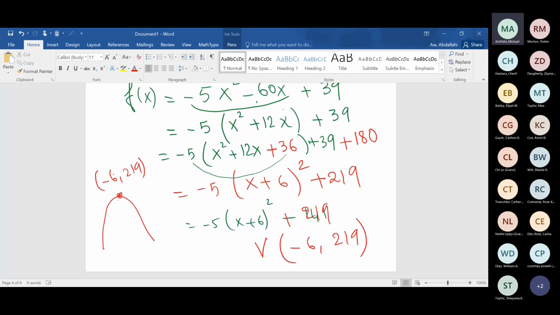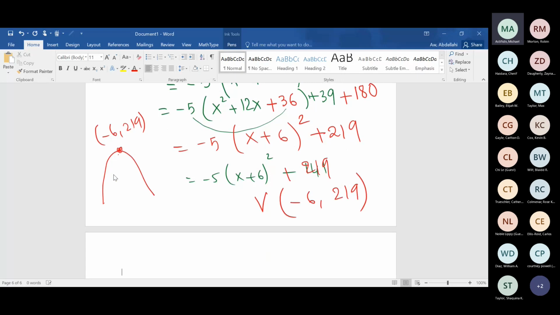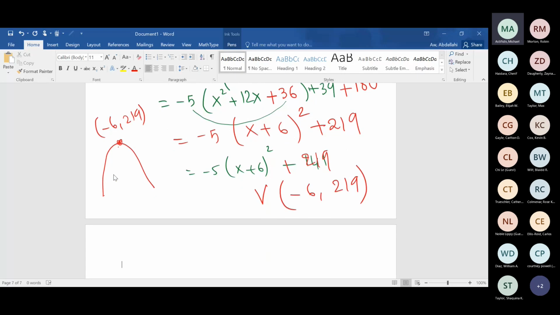Okay, so now there is actually a vertex formula. Some people took the general form ax squared plus bx plus c, did the steps ourselves, and then got to the answer.